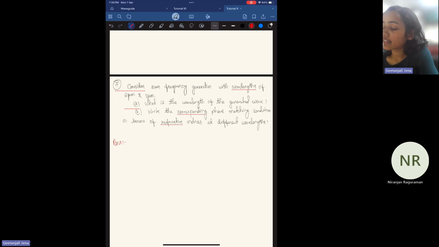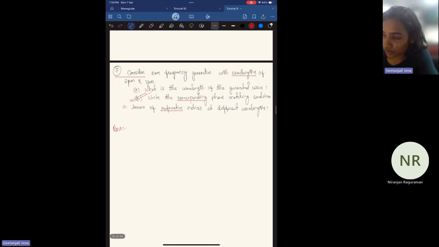So it requires phase matching for sum frequency. Let us see the second question first: what is the phase matching condition for that? The process of sum frequency is like this.